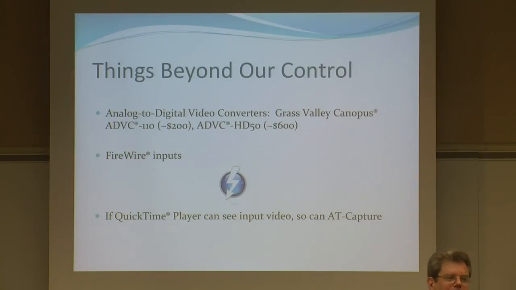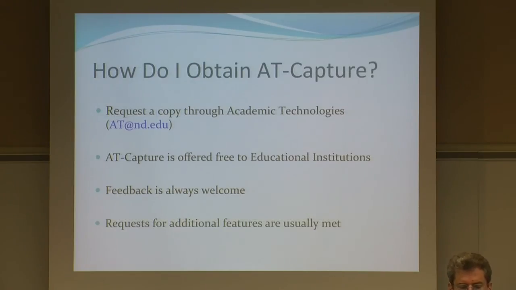This is USB, so bear that in mind. If you want to make a laptop into a capture machine, make sure it has FireWire, unless you want to use the built-in iSight. I don't know why Thunderbolt didn't show up. Thunderbolt's a new technology. We haven't done much with it yet, but we'll definitely be supporting that.